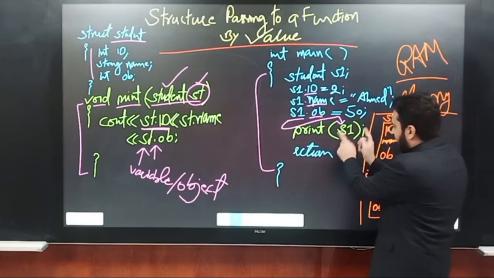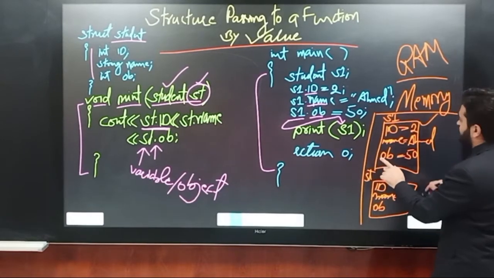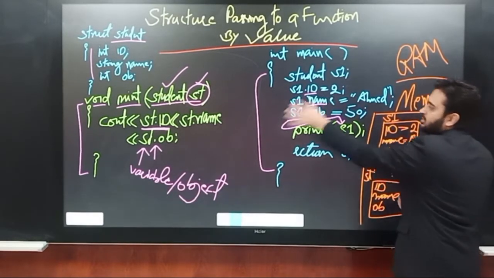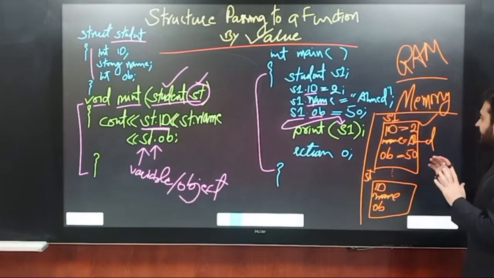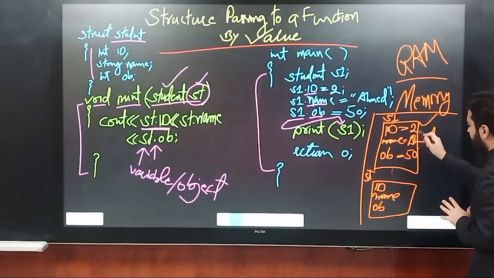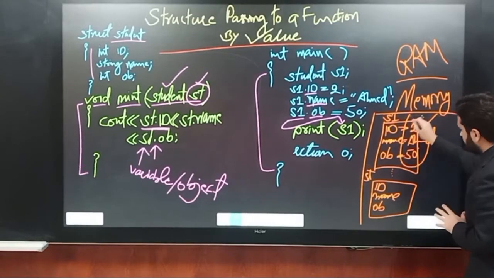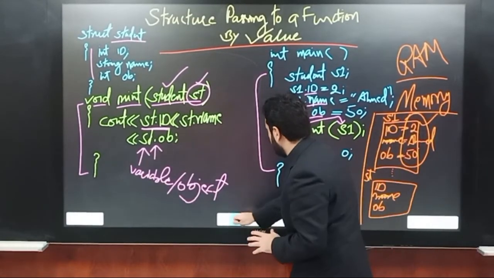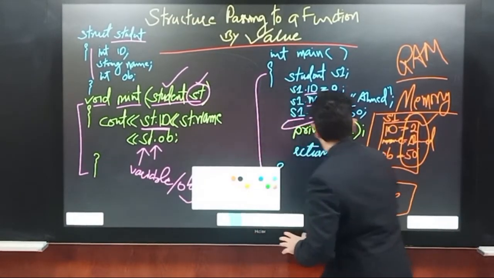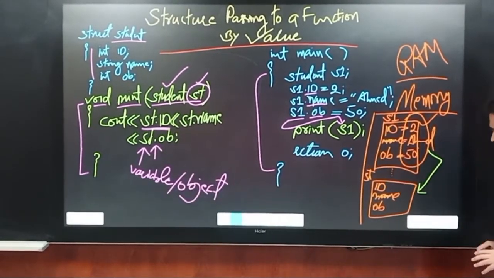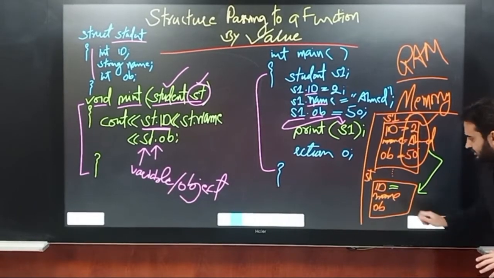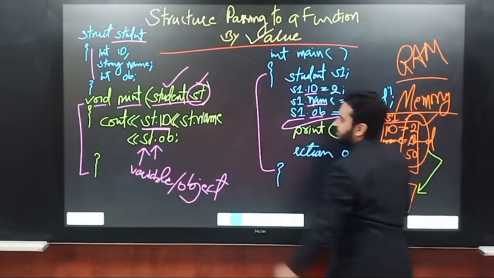And then we are passing this object, the S1 object, to the user defined function. So what actually happens behind the scenes is that the copy of these values is assigned to this object in the ST here.